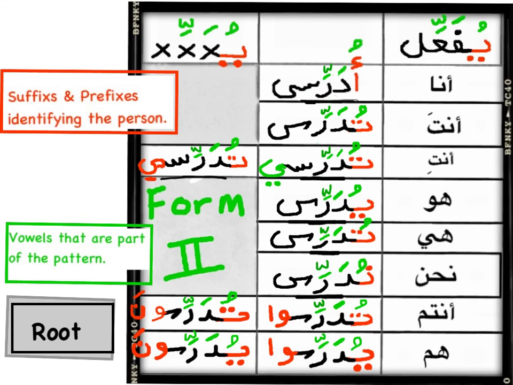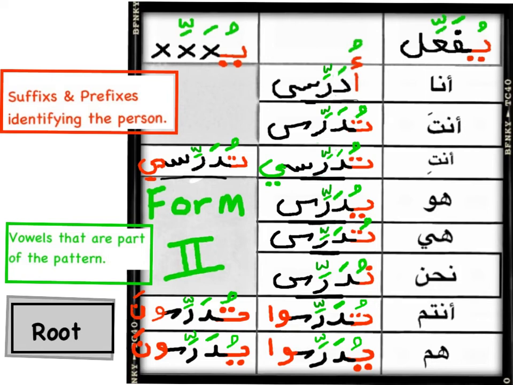So let's look at examples of form 2 fully conjugated. You have the pattern يفعل, and so you get the stem and you just simply add the first syllable and the vowels, and the first syllable changes with the pronoun.